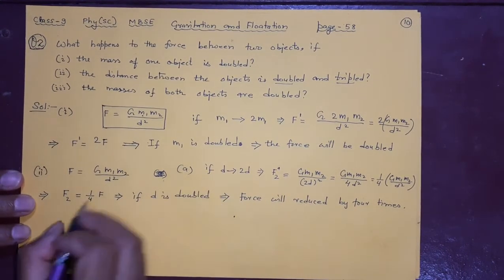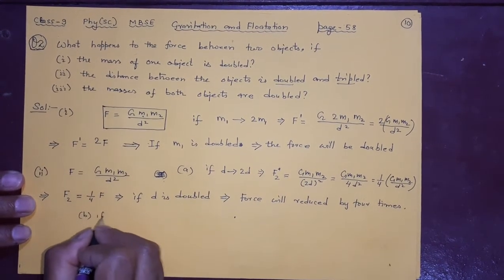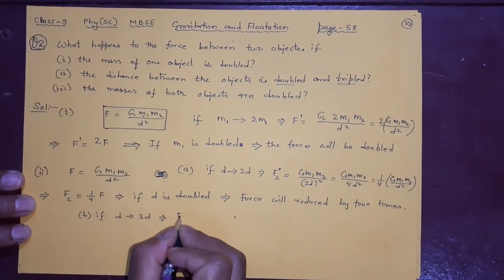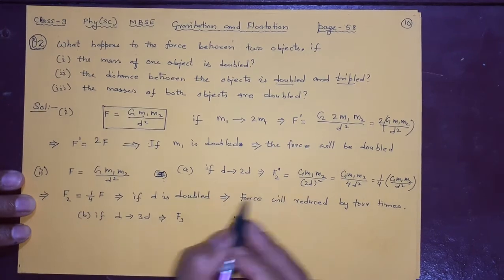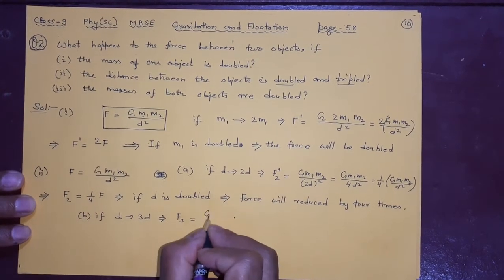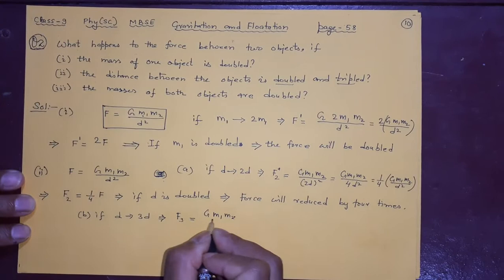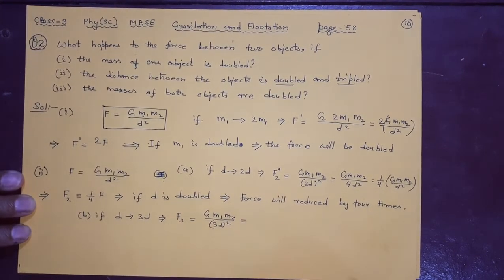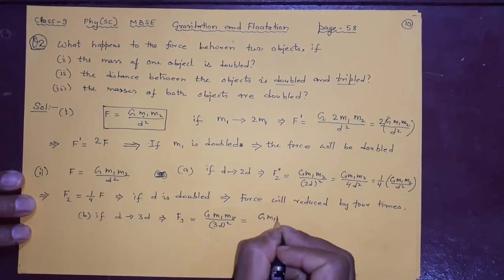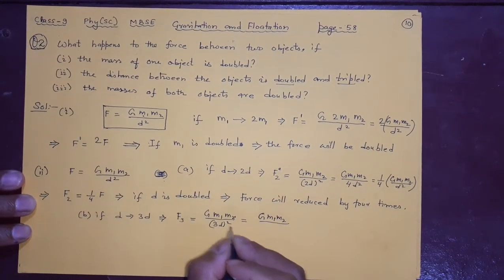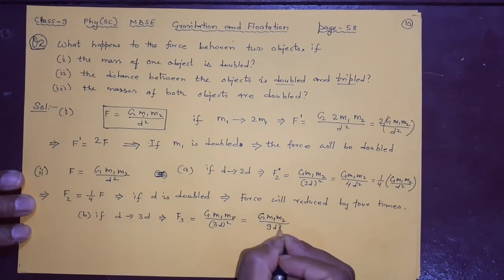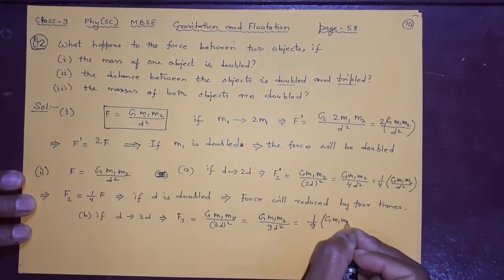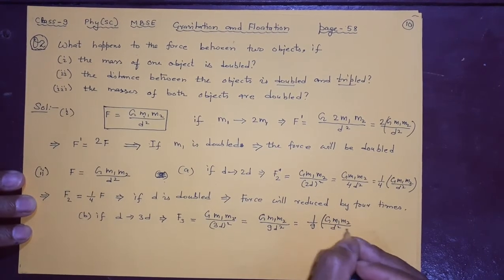Similarly, there is another part in the same number 2. If d is 3d, then what will happen? Suppose, if I call the double case F2, I will call this F3. G m1 m2 by 3d whole square. What is this? G m1 m2 by 3 square is 9, d square, 1 by 9 G m1 m2 by d square.